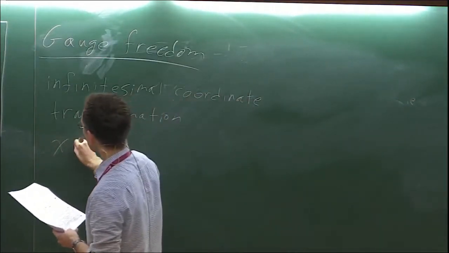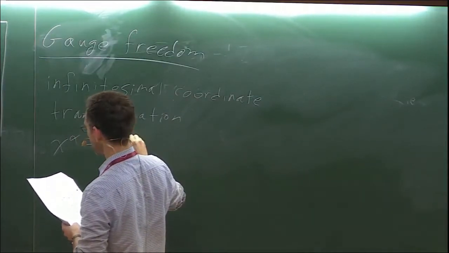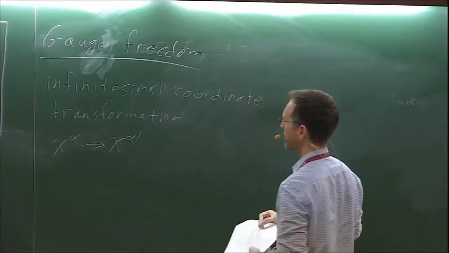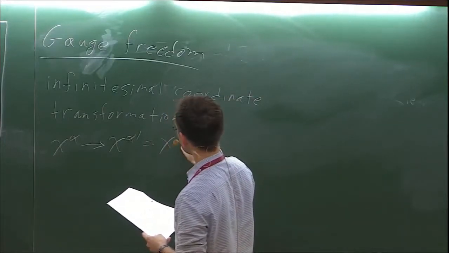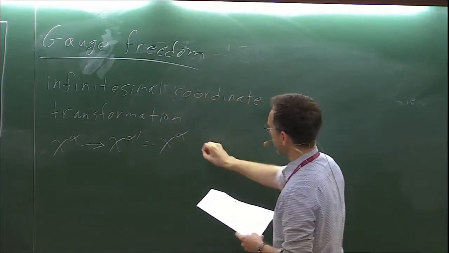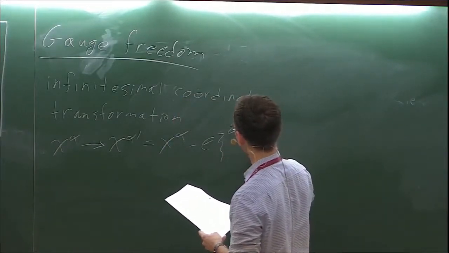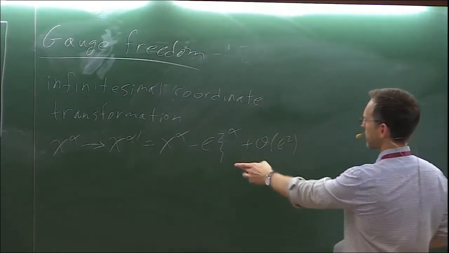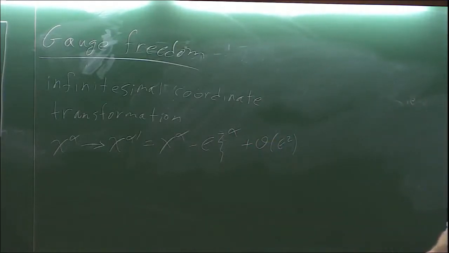So this means you take your coordinates, you transform them to some new coordinates. So x goes to x prime. And these new coordinates are almost identical to the old coordinates, but they differ by something of order epsilon. So we have some gauge vector xi that we can specify freely. We can make it any function we like.